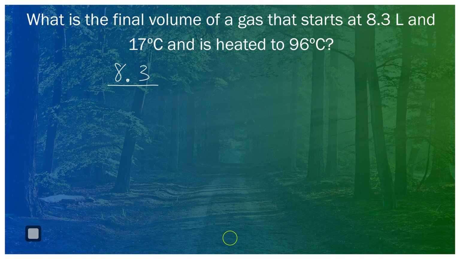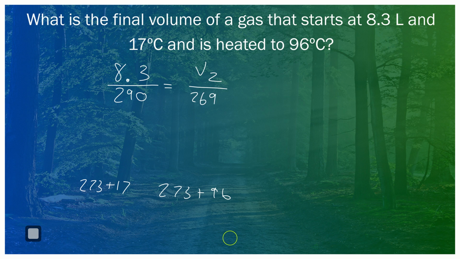8.3 divided by temperature, 273 plus 17, that's 290, equals V2 over 273 plus 96. That's 369.